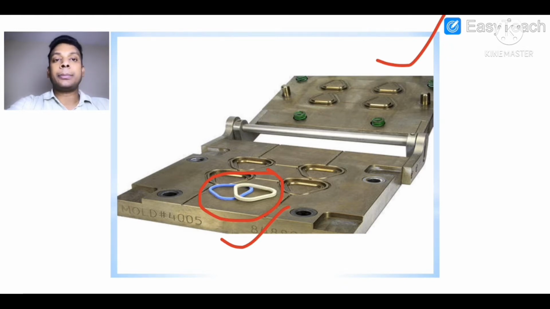We prepare a mold, prepare a cavity in the same design as the parts. As per the given drawing we will prepare a design, prepare a mold and die, and then we will go for the production process. So this is the main thing, very important for tool manufacturing and tool room engineers.